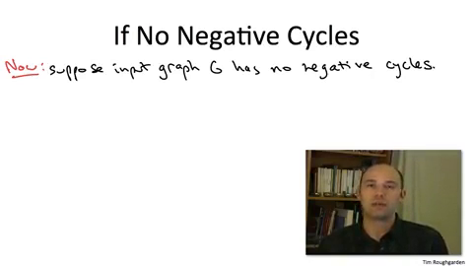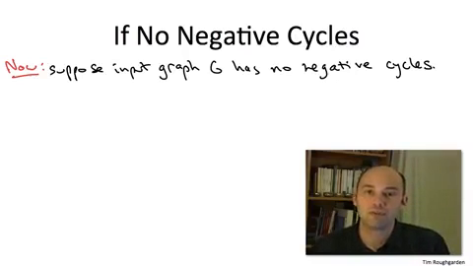Well, suppose there are no negative cycles, fix a destination V, show me a path that has at least n edges. If it has at least n edges, then it visits at least n plus 1 vertices. There are only n vertices, so the path must visit some vertex twice. And in between two consecutive visits of a given vertex, that's a directed cycle.